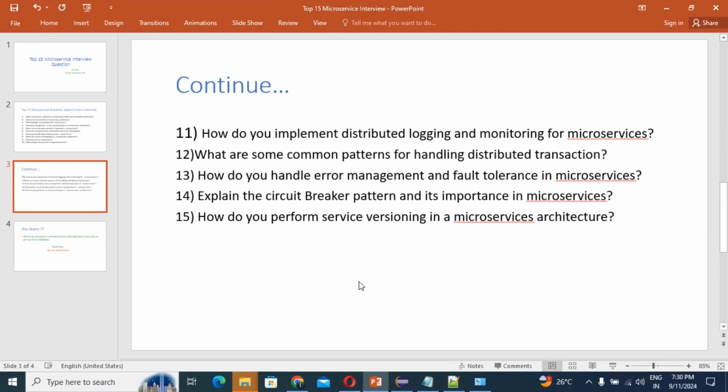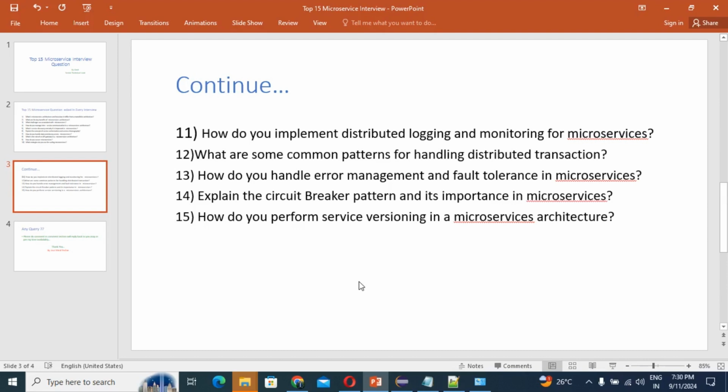I have already explained it. If you need to handle distributed transactions, you can use the saga pattern. It manages long-running transactions with a sequence of steps and compensating actions to handle failures. At that time you should use the saga pattern.